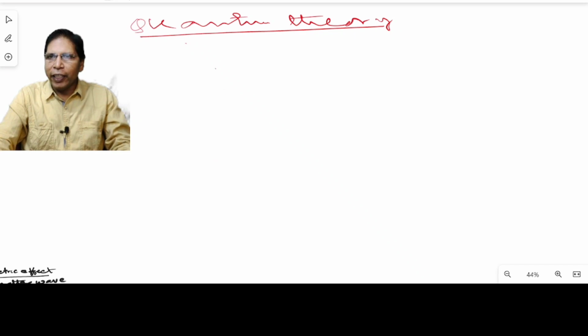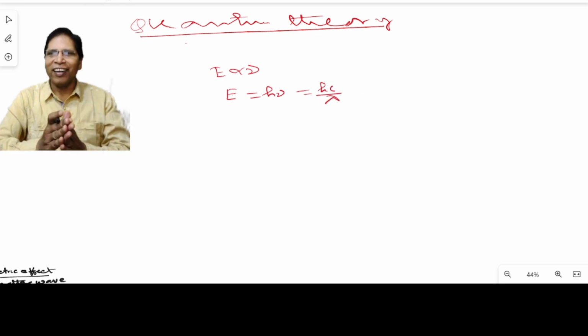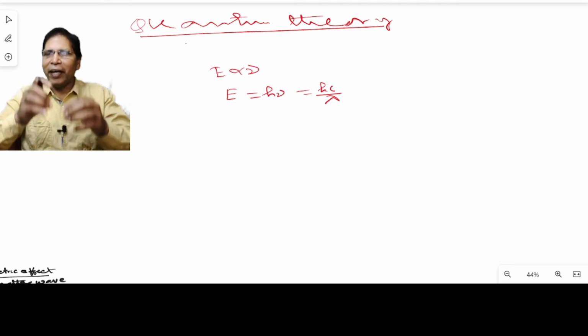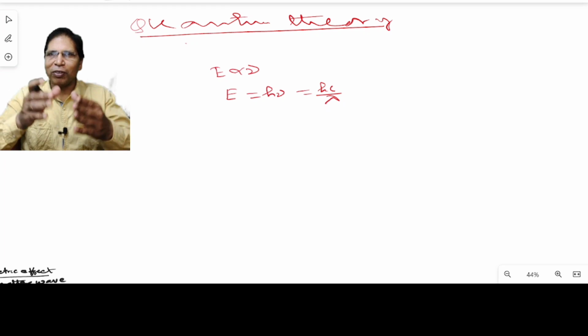The energy in each quanta is directly proportional to the frequency of radiation. So the energy in each quanta, h nu equal to hc by lambda, is called a photon. This bundle of energy h nu or hc by lambda is called a photon.